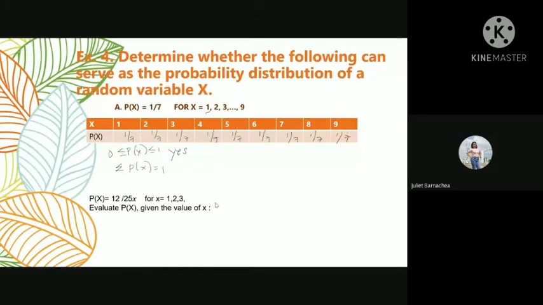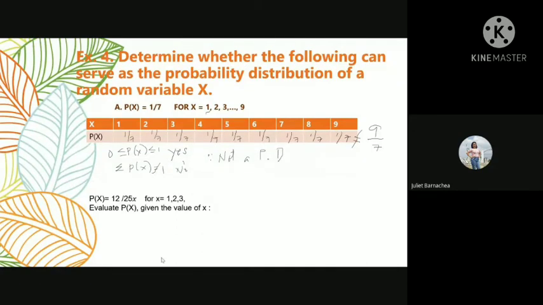Kung kukuhanin natin ng sum, 1 over 7, since iisang denominator, copy the denominator, and then add the numerator. 1 plus 1, 2, plus 1, 3, plus 1, 4, plus 1, 5, plus 1, 6, 7, 8, 9. Is 9 over 7 equal to 1? This is definitely not. It's a no. Therefore, this is not a probability distribution.